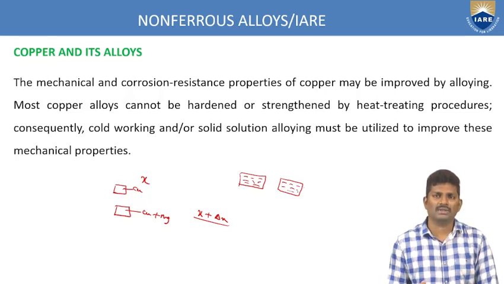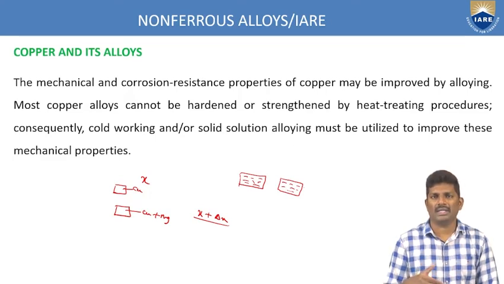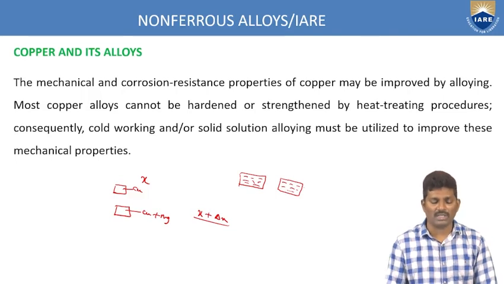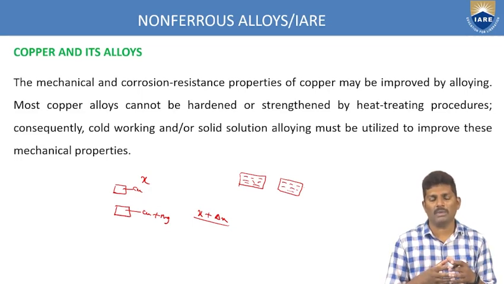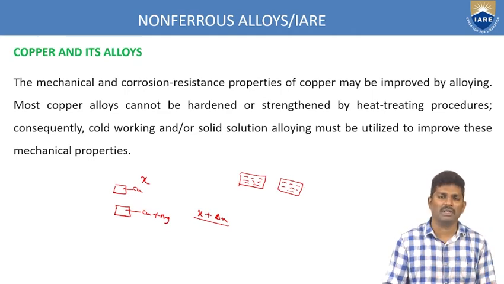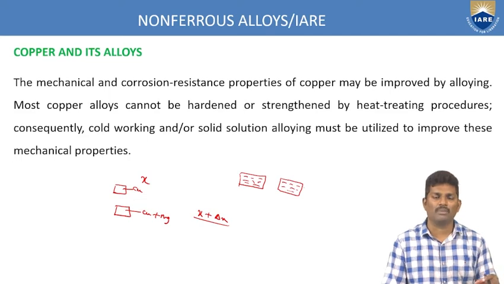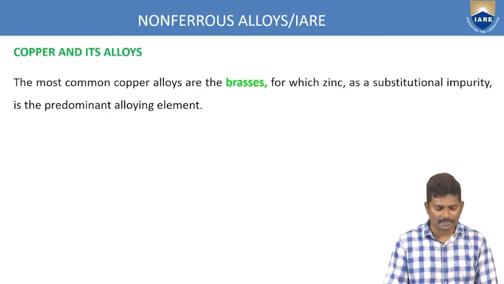Since copper is very soft, though you heat the material, it cannot be hardened or strengthened by heat treatment. Consequently, even the cold working process you cannot do. But if an alloying element is added, there is some chance of improving the mechanical properties of any type of material. In this case, if you add some alloying element into the copper, the mechanical properties are enhanced.